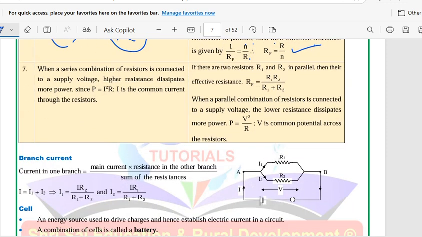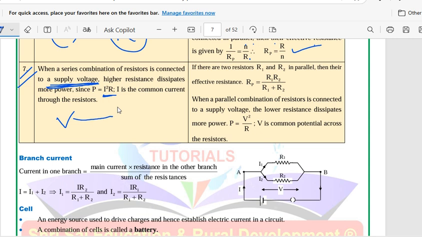Seventh one. When a series combination of resistors is connected to a supply voltage, the higher resistance dissipates more power.